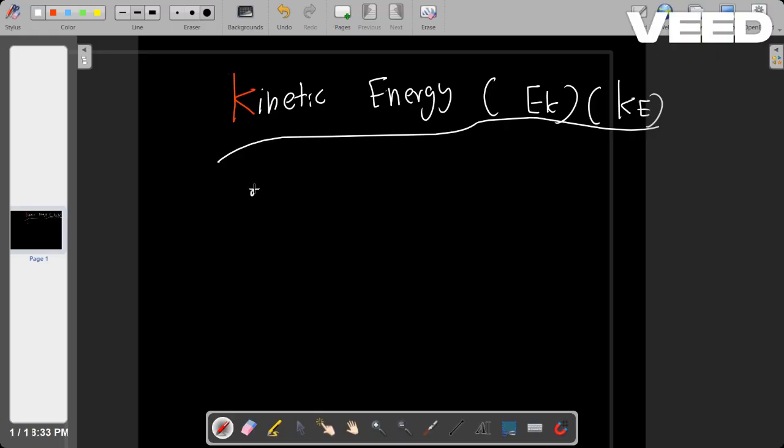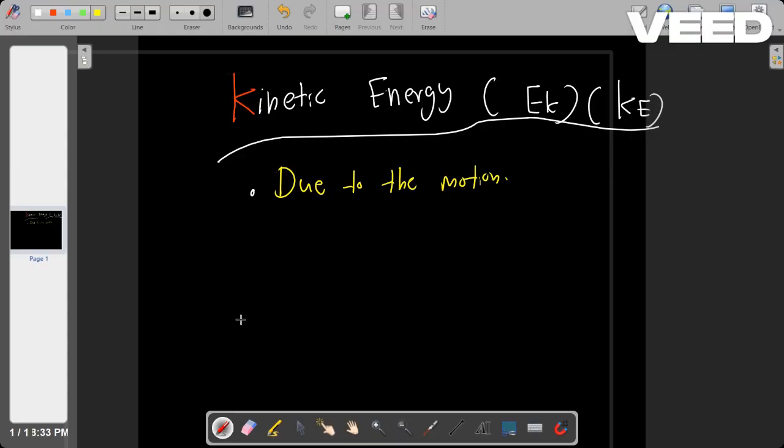Now remember, kinetic energy is energy stored in an object due to its motion, right? Due to the motion, an object may have kinetic energy.